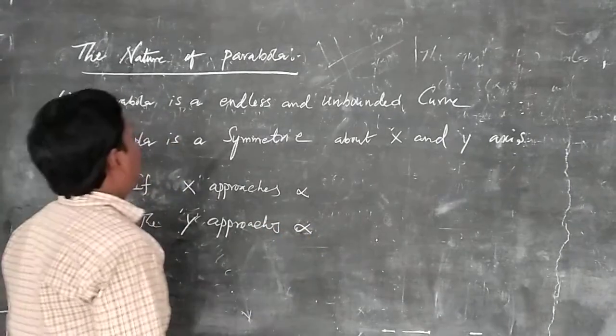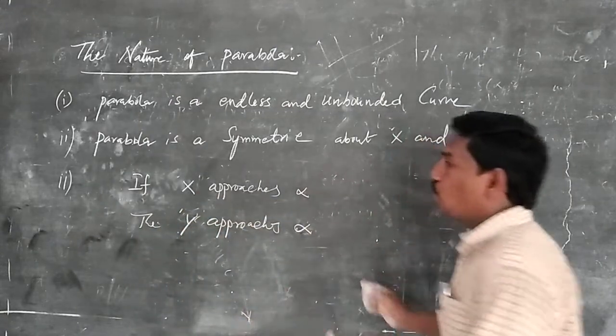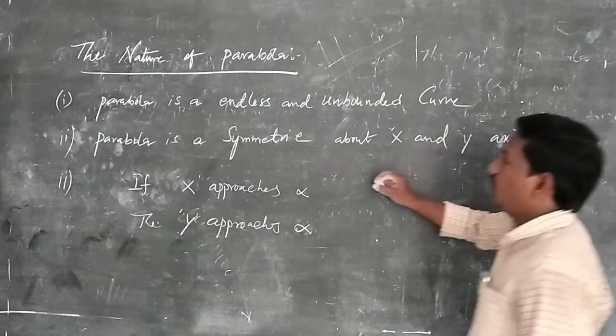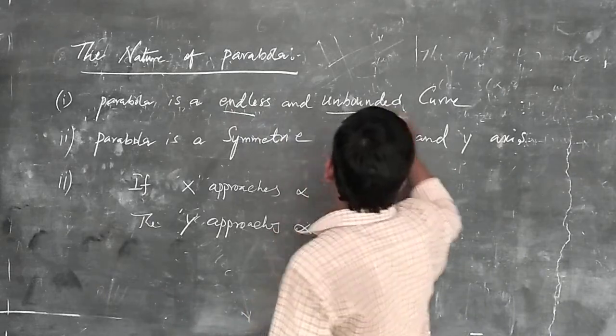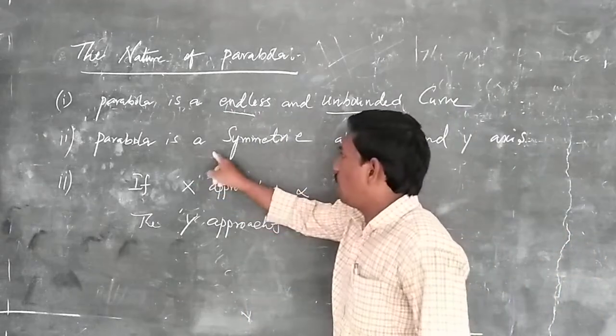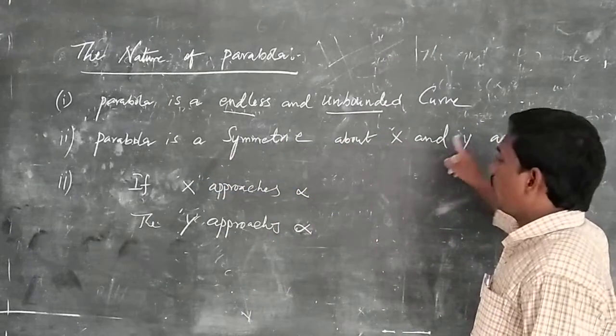So parabola is an endless and unbounded curve, and parabola is symmetric about x and y axis.